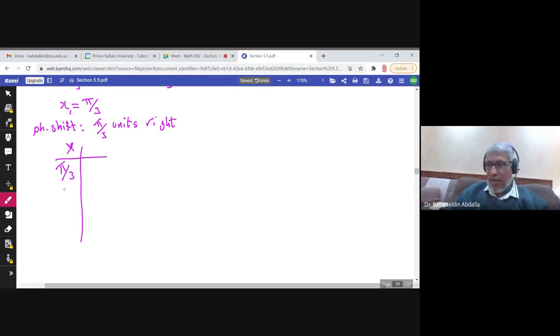So I take the calculator and add pi over 4 plus pi over 3. You use the calculator, the answer would be 7 pi over 12, because 1 over 3 plus 1 over 4 would be 7 over 12.